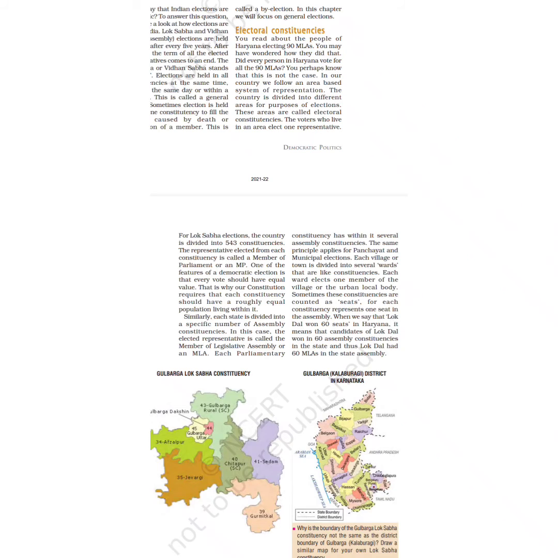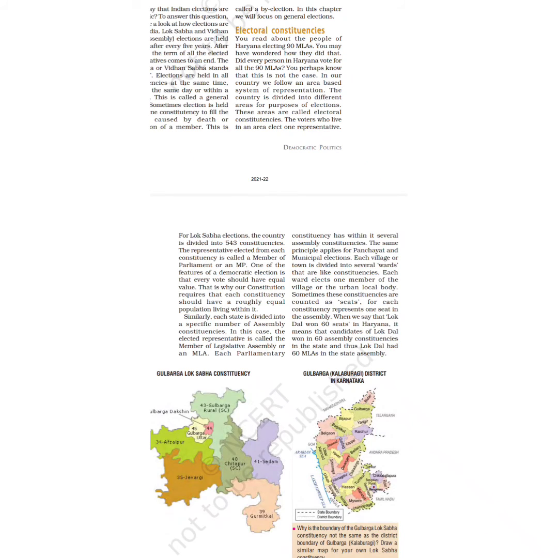So class, when the elections of Vidhan Sabha take place in the states, people select their representatives and they are called MLAs, members of legislative assembly. And each parliamentary constituency has within it several assembly constituencies.